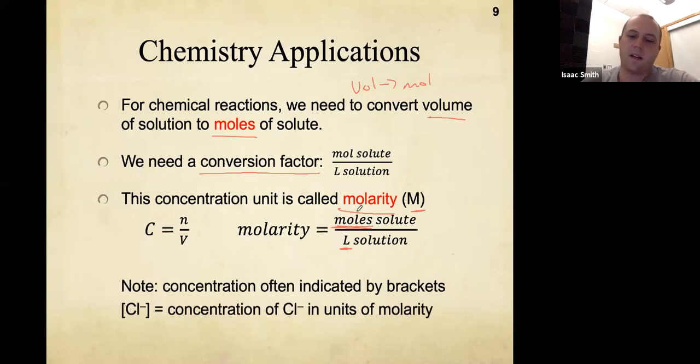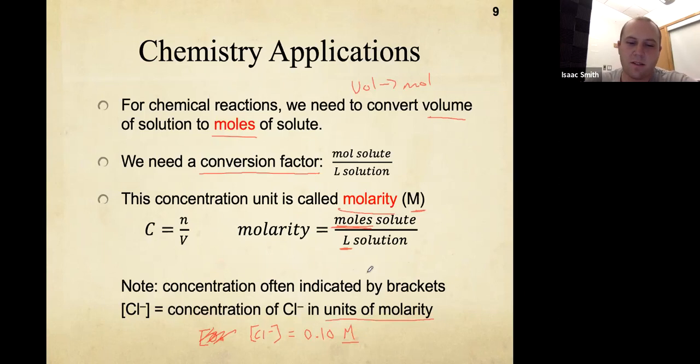Another way you'll see this is with brackets. So you might see something that says the molarity of chloride, written as [Cl-], equals 0.10, and then you'll see M with a line under it, or just a big M maybe. But the brackets mean the concentration of chloride in units of molarity.